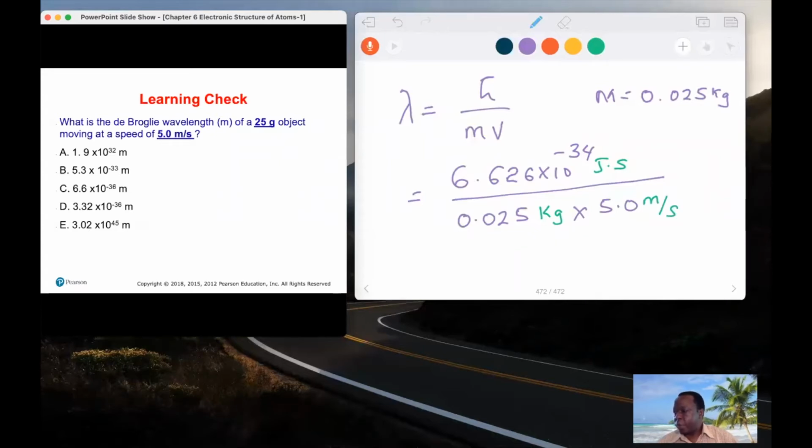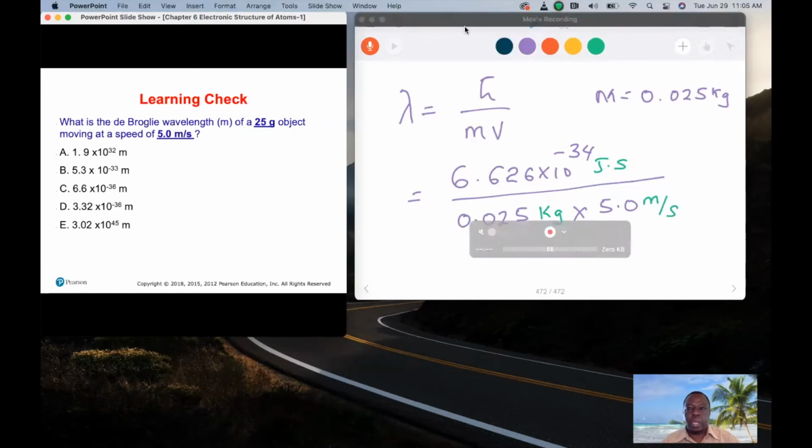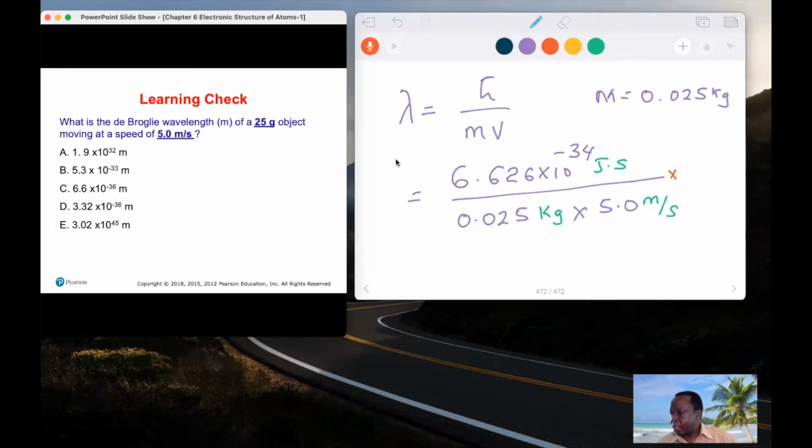Now, this is the conversion to change the units to meters. The conversion factor here is 1 kg meter squared per second squared to 1 joule. Second squared and second squared cancel, and that too.